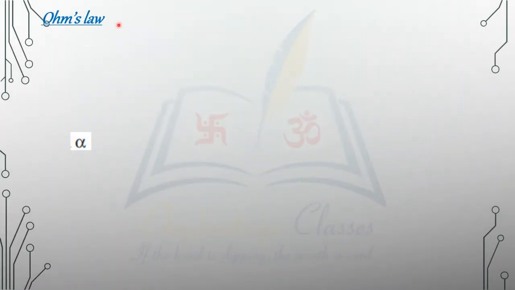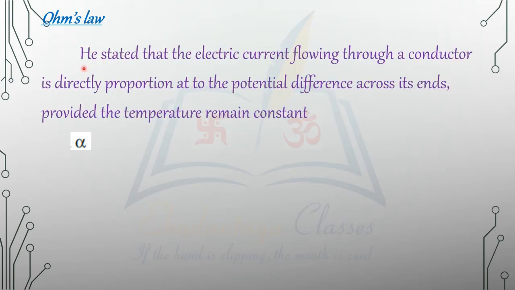Let's state Ohm's law. It states that the electric current flowing through a conductor is directly proportional to the potential difference across its ends, provided the temperature remains constant.